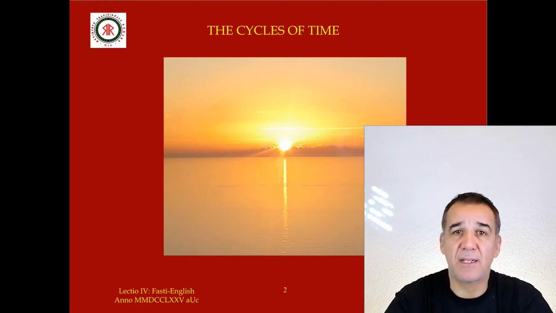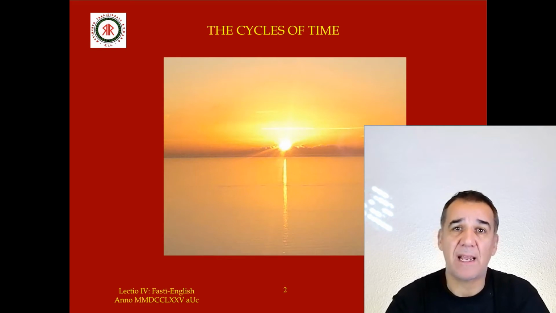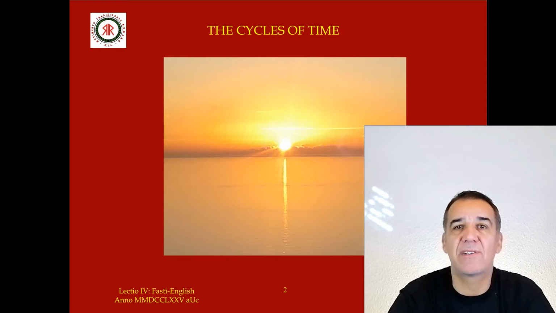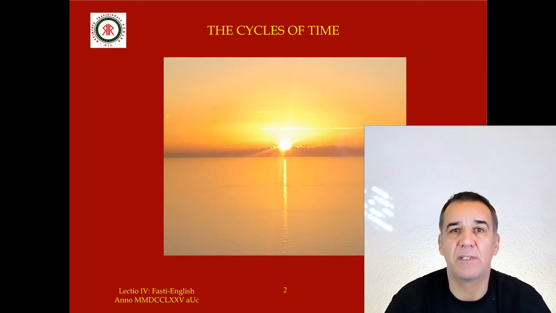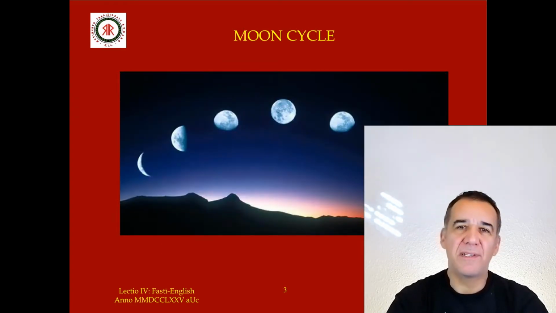Of course, this is not enough because we would have just a sequence of days without defining a higher cycle, a longer cycle. So we need to find something else in order to group together a set of days. The most evident natural cycle is the one of the lunar phases.